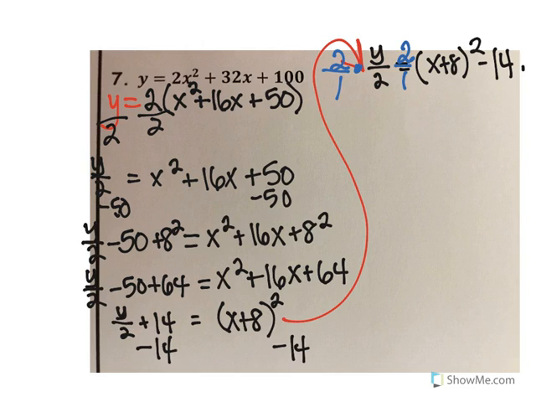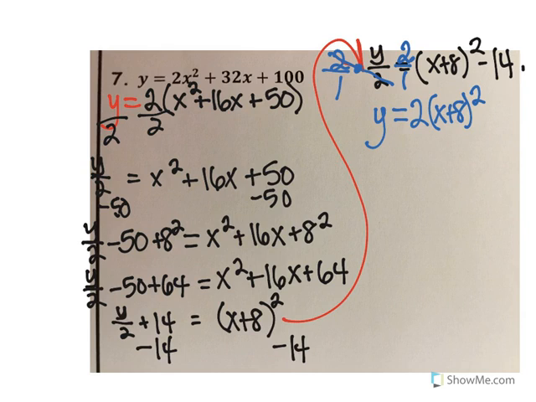Y equals 2, parentheses, x plus 8 squared. Okay, if I multiply my parentheses by 2, I also have to multiply my negative 14 by 2.